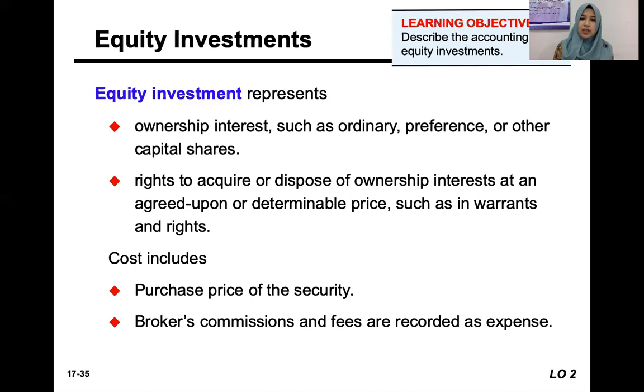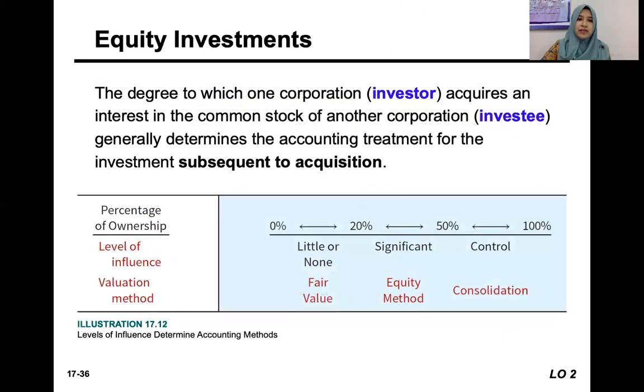So the cost only includes the purchase price of the equity. Meanwhile, other fees like brokers' commissions or legal fees incurred in purchasing the shares of another company will be recorded as an expense. We don't include them in the value of the equity investment.